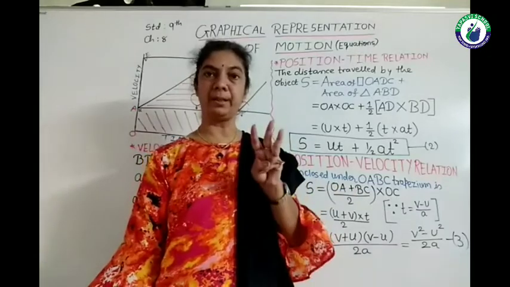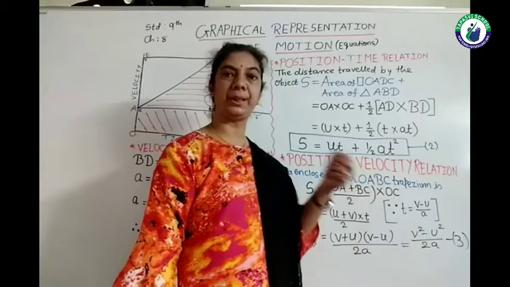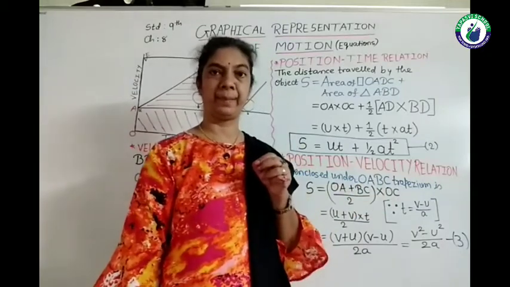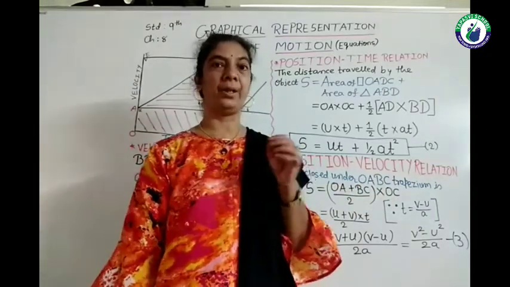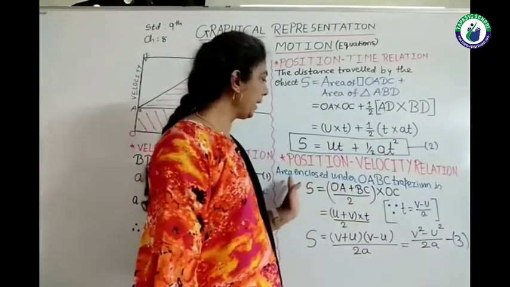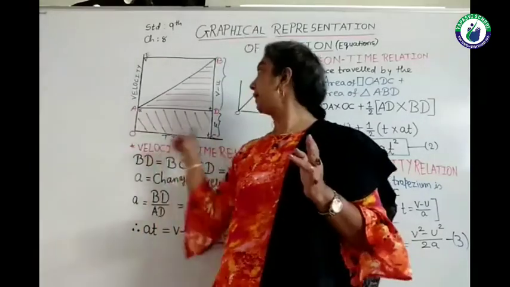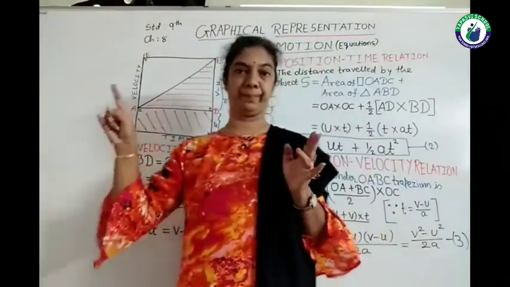Last and the third equation, that is the equation for position velocity relation. Again we will start with position. So we write the area enclosed under OABC. This is one trapezium.